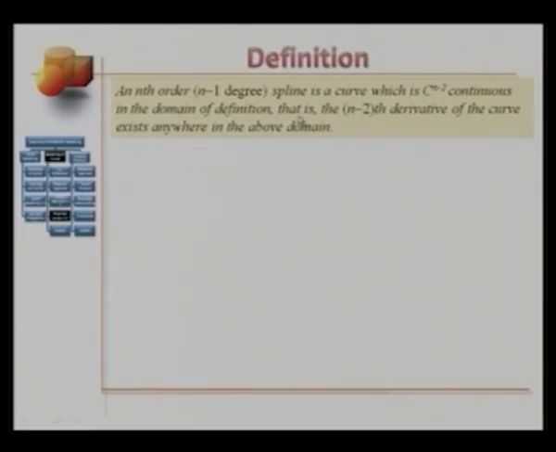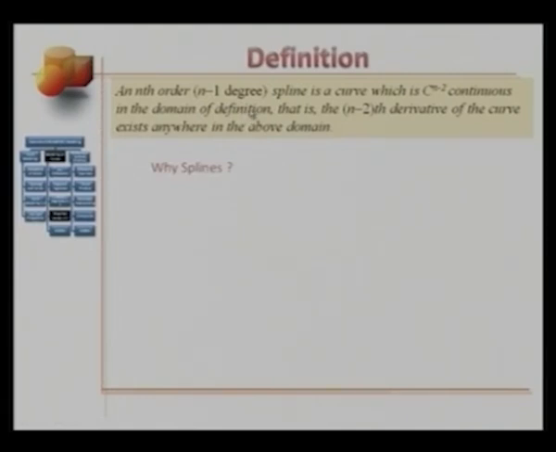This means that the n-2th derivative of the curve exists anywhere in the above domain. A little note about what order is and what degree is. Order is always degree plus 1. For example, an nth order curve will be of degree n-1.